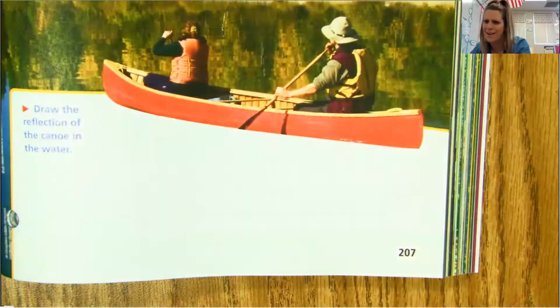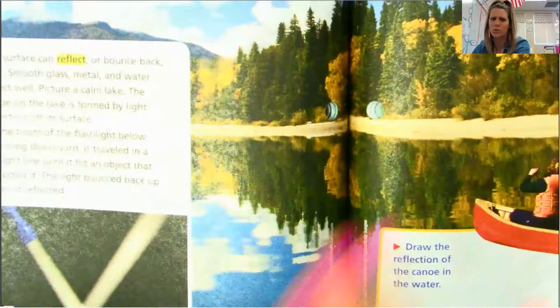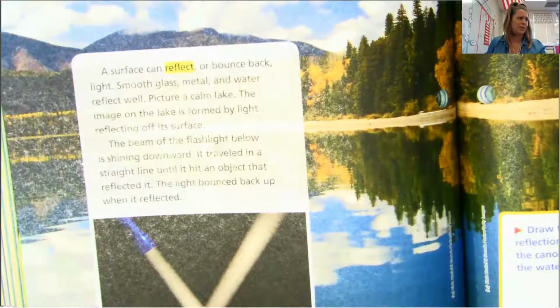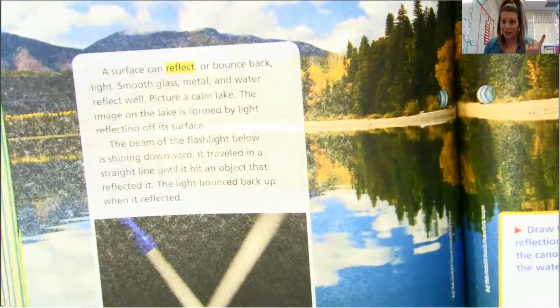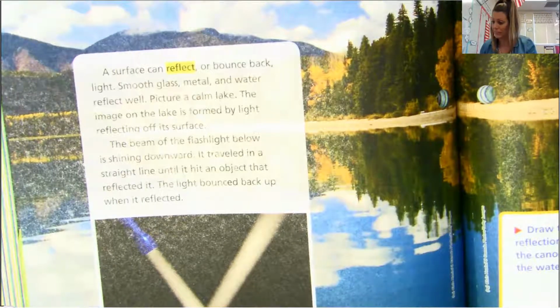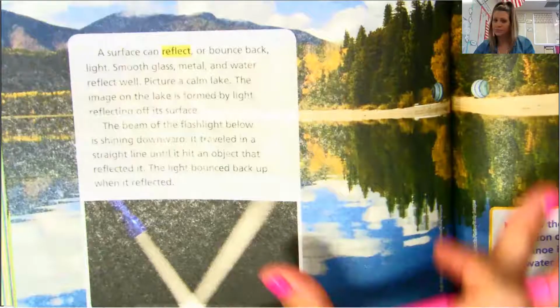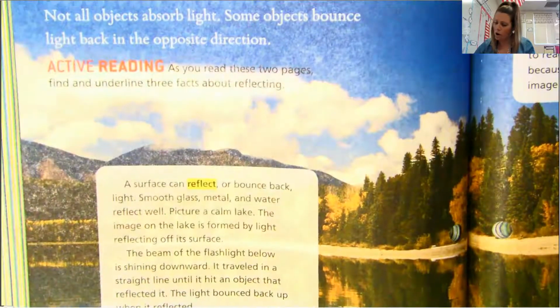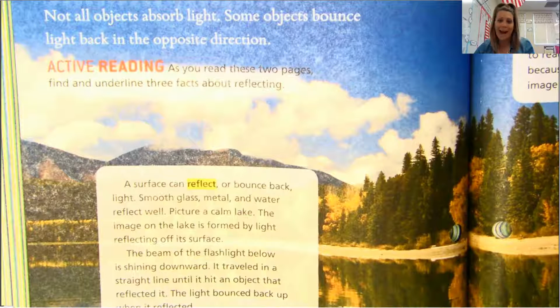So we have not answered that question about why the ambulance is written backwards. Let's see if we can find out. All right, seeing double. Not all objects absorb light. Some objects bounce light back in the opposite direction.